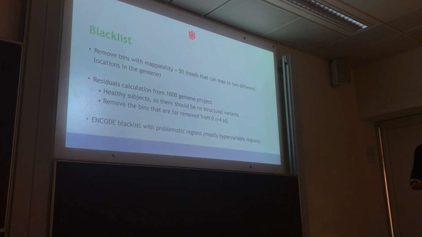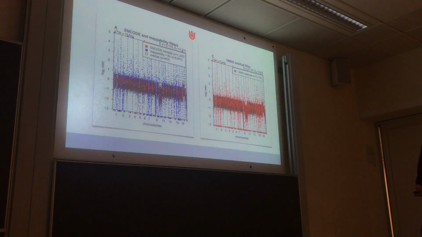So those are removed, and then we went to a public blacklist that included a lot of hypervariable regions. They just differ from person to person, and that means that for the reference genome, they have to take some consensus, but if there is a region that's a lot longer for an individual, you won't be able to tell if there were more reads than expected or if the region is just longer. So those are blacklisted as well.